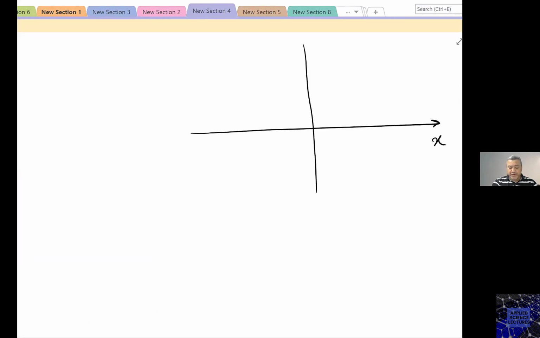If this is my coordinate system, and I have a motion happening between position A and position B, I can represent this position with the vector RA, and this position with the vector RB.